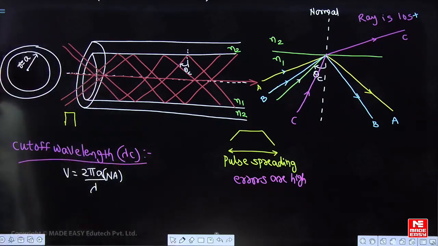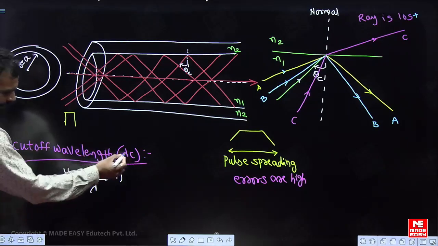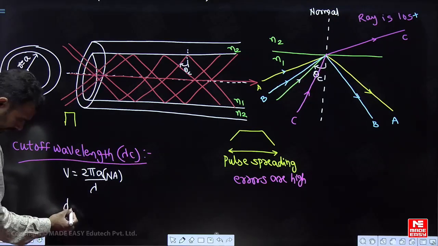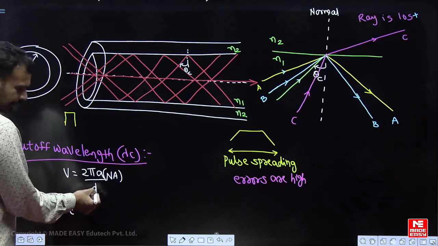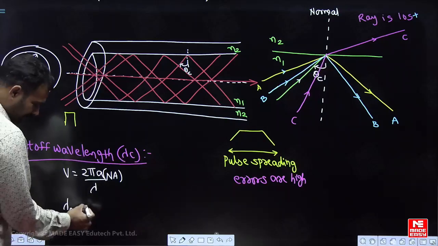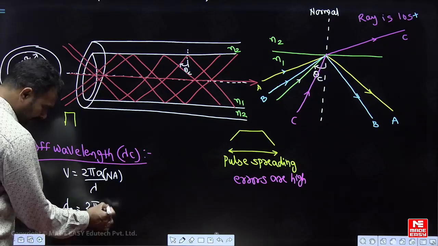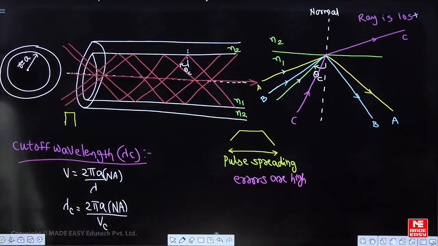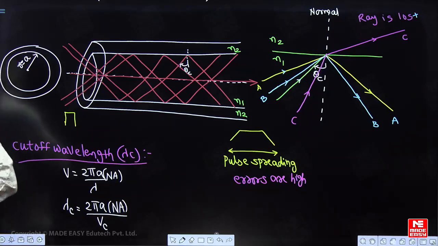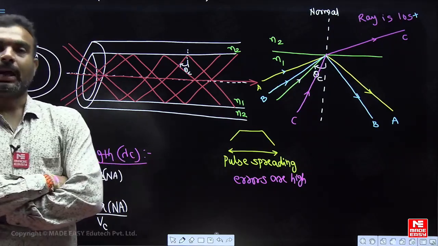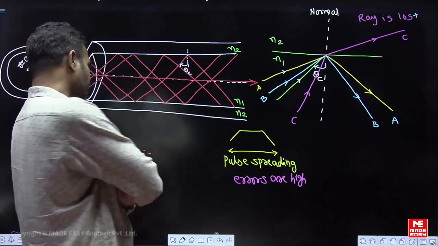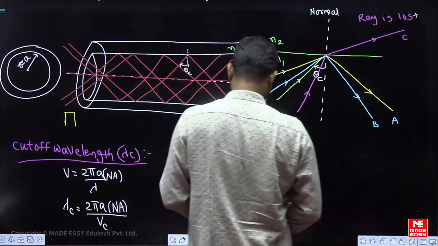For the cutoff wavelength, replacing lambda with lambda c and V with Vc, Vc is equal to 2 pi a into numerical aperture divided by lambda c. Vc is called the cutoff normalized frequency, and lambda c is called the cutoff wavelength. So what is the value of Vc?